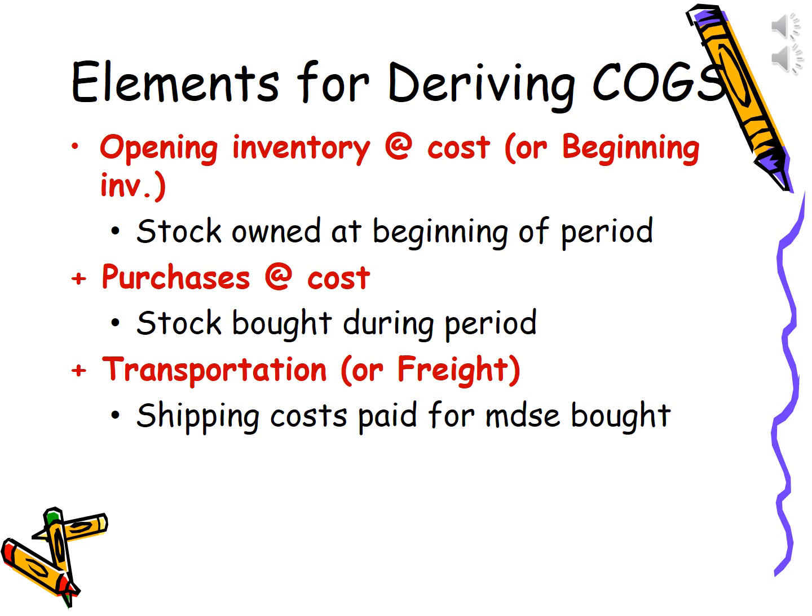All the shipping costs that the buyer, the retailer had to pay for the merchandise that were bought will have to be figured in the calculation of cost of goods sold, because it's part of the cost that is spent to obtain the merchandise. All these three things, the opening inventory, purchases, and transportations, are factors that increase cost of goods sold. So the more the opening inventory, or the more purchases you make, the higher the transportation, the higher the cost of goods sold is going to be.